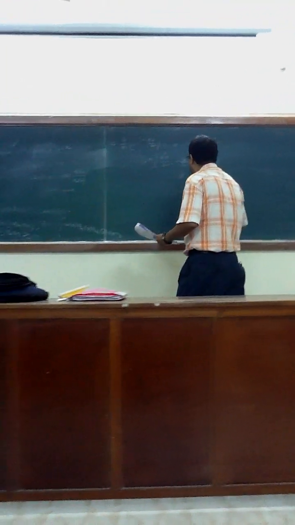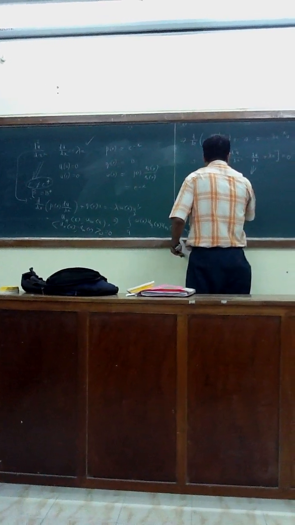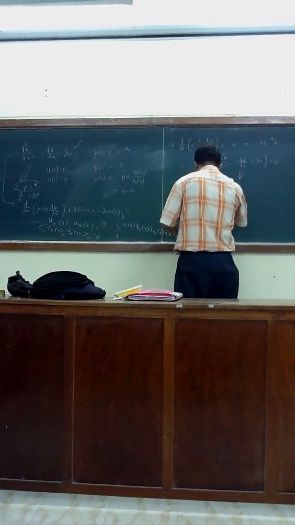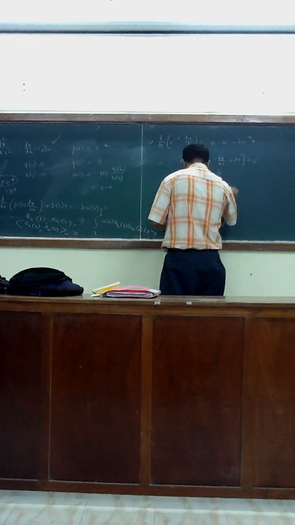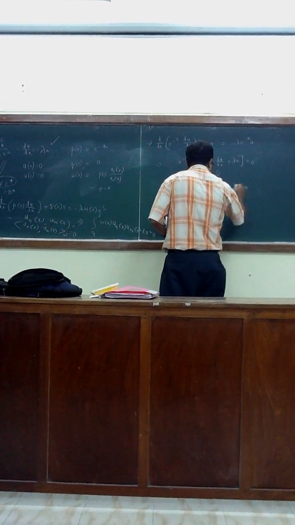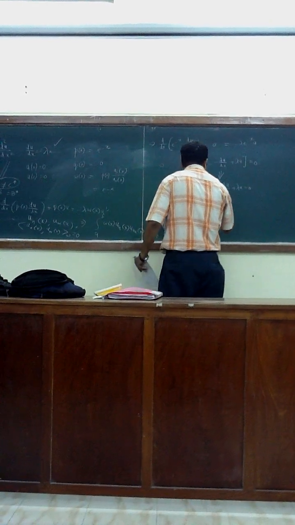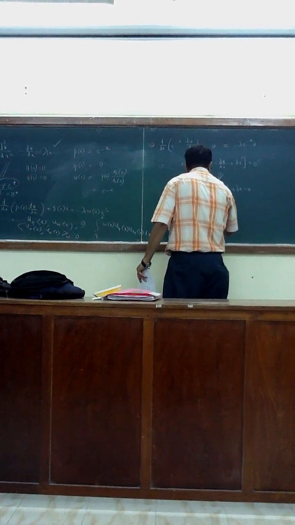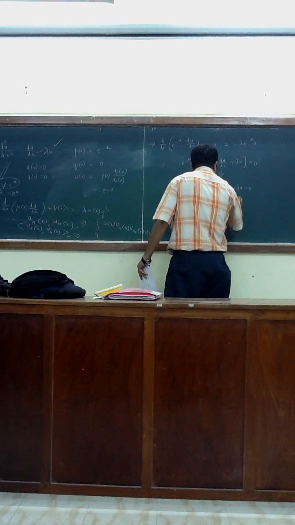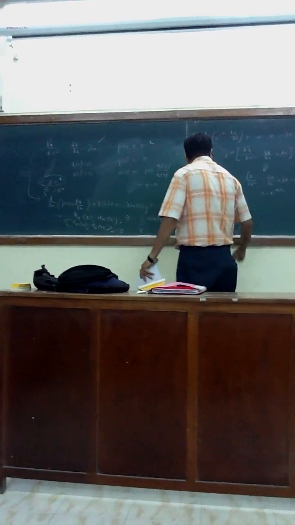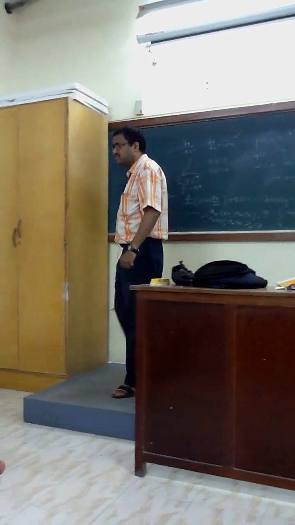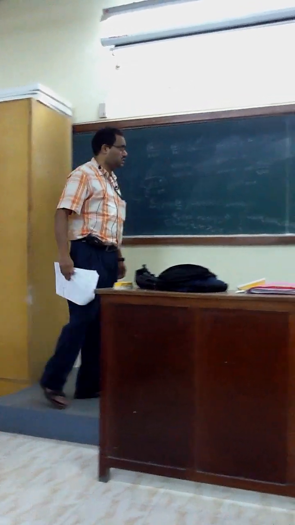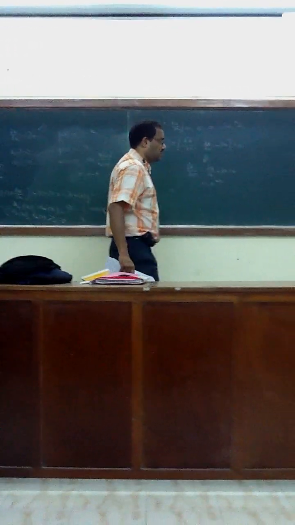How to find the eigenfunction? How to solve d2u/dx square minus du/dx plus lambda u equals 0? Trial solution. What is that? e to the power mx is the trial solution. If you have the trial solution, what is the auxiliary equation? I am teaching something at the 10 plus 2 mathematics level here.